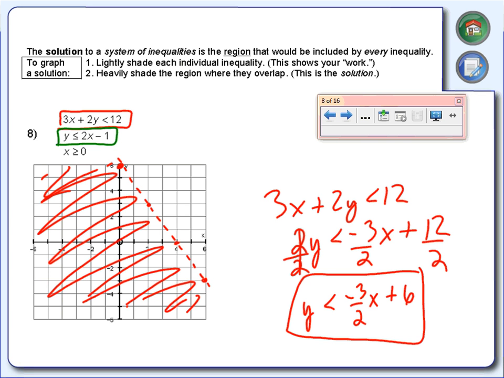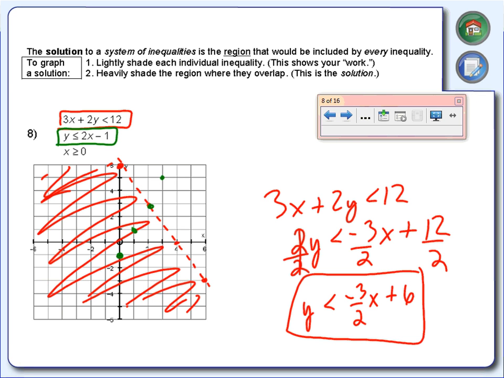The second inequality we have is y is less than or equal to 2x minus 1. So this was already in slope-intercept form, so we're ready to start graphing this. -1, that's our y-intercept. 2, that's our slope. So we're going to rise 2, run 1, up 2, over 1, up 2, over 1.